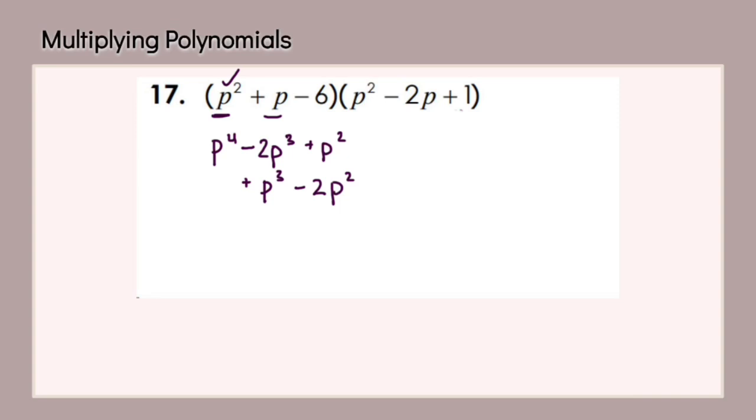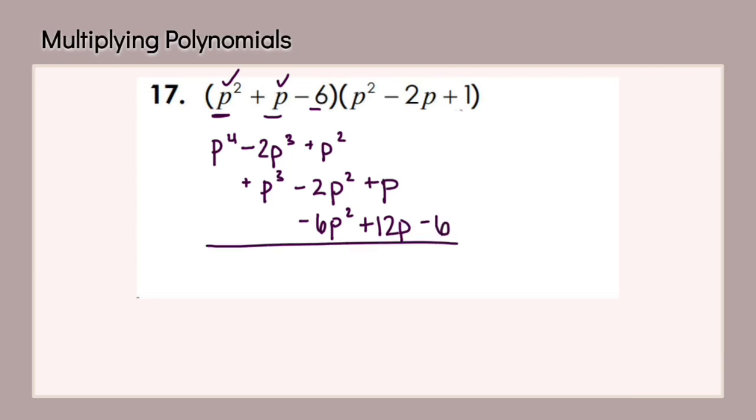And then p times 1 is positive p. So that one is now distributed. So now I'll distribute the negative 6. Negative 6 times p squared would be negative 6p squared. So I'll put that under the other p squared terms. Negative 6 times negative 2p is positive 12p. And negative 6 times 1 is negative 6.